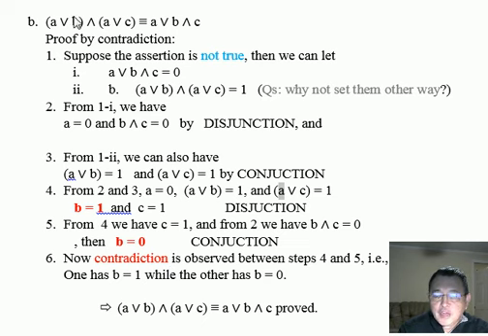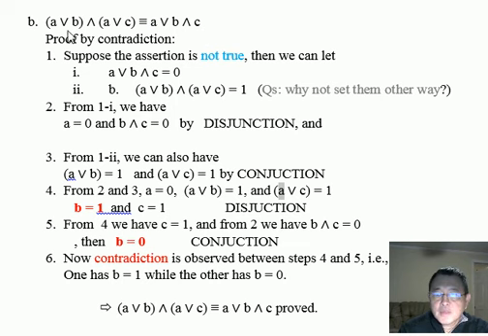Proof by contradiction goes by the philosophy that if you want to prove an assertion is true, you suppose it is not true, and then you use your logical rules and come to the conclusion that there is a contradiction. So if not true leads to a contradiction, then it must be true. So let's go over this problem.